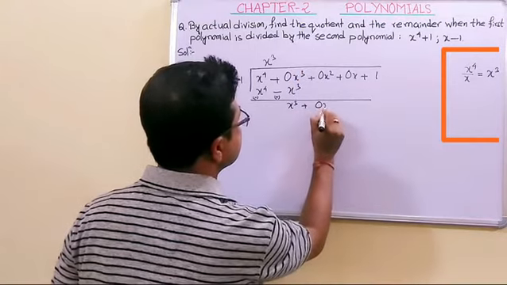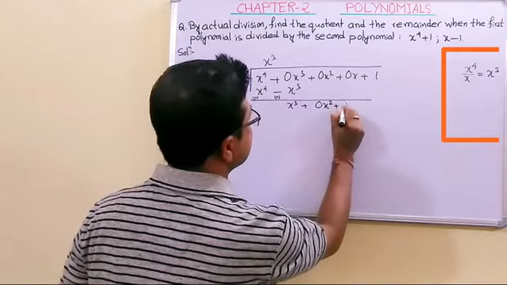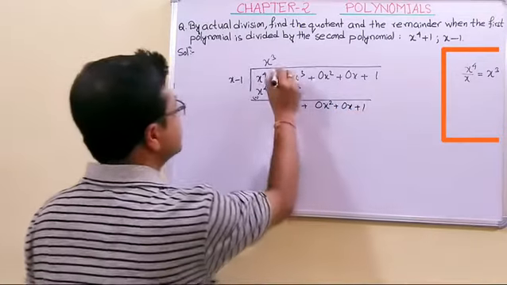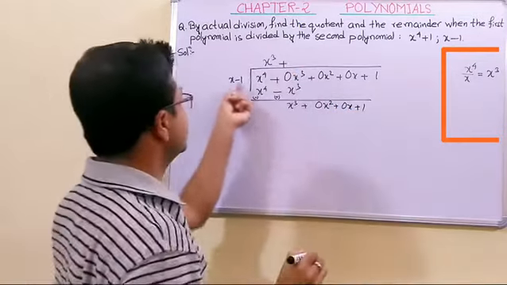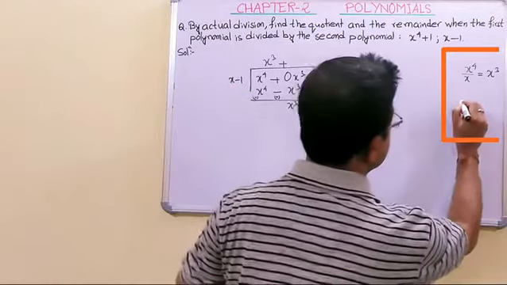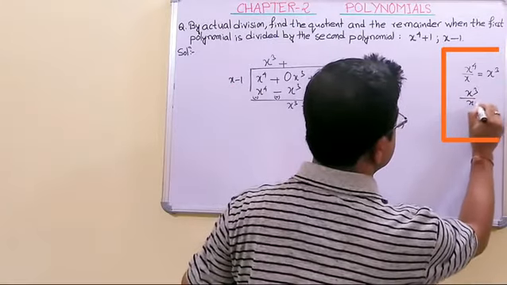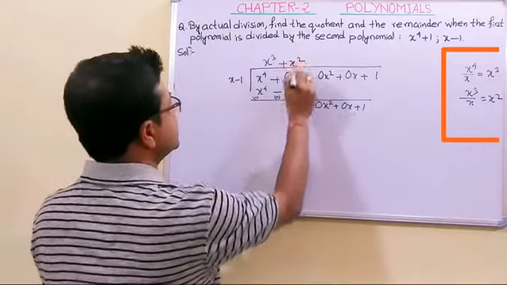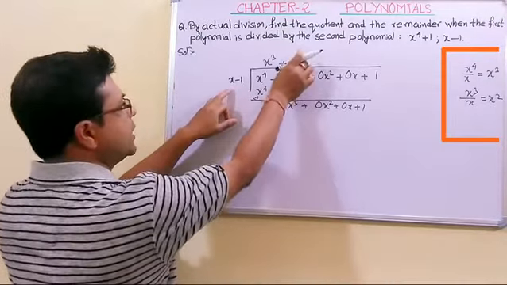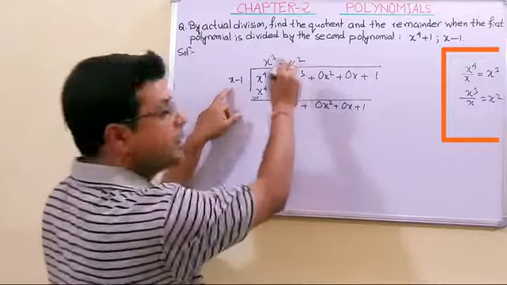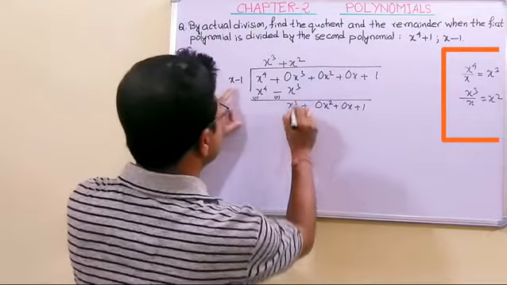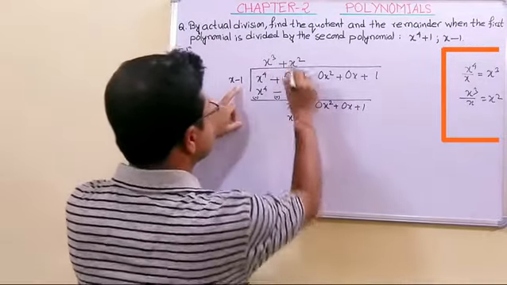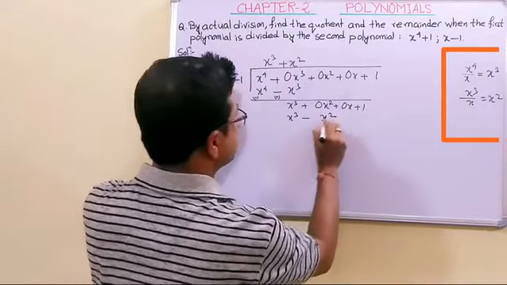This is 0x square, let us bring everything. This is 1. Now this is x cube, then this is x. By what we have to multiply? x cube by x, it is x square. So plus x square. This x square we shall multiply through x square into this. x square into x is x cube, plus minus minus, x square into 1 is x square.